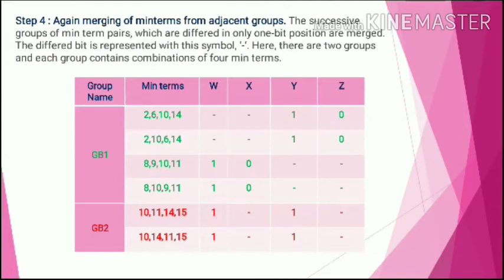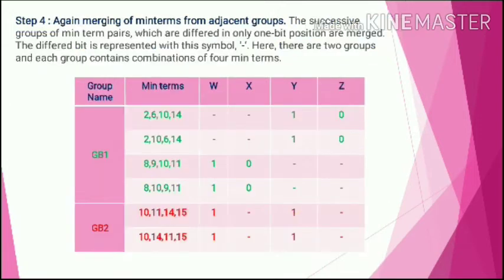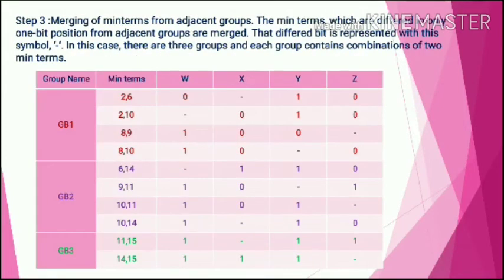Look at the previous table once again. Now compare the GB1 and GB2 groups. Take the minterms 2, 6, 10, 14: 2, 6 from GB1, 10, 14 from GB2.